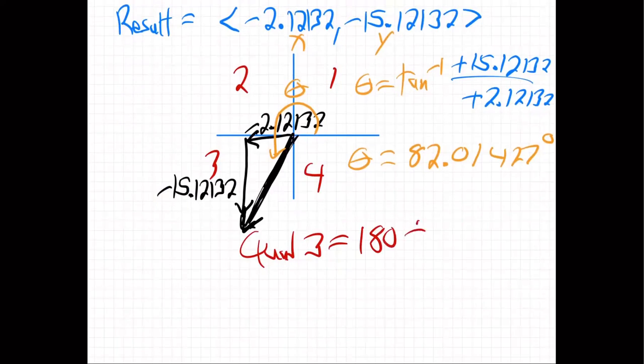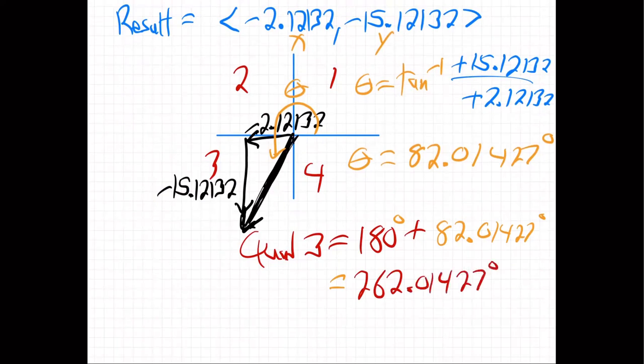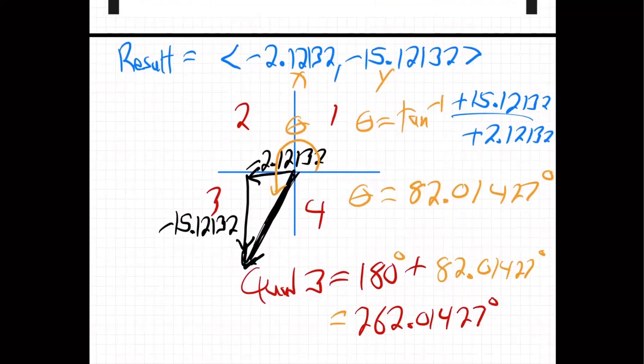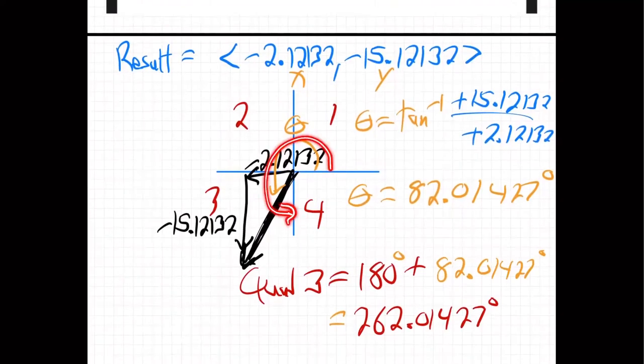It's 180 plus 82.01427 degrees, which comes out to 262.01427 degrees. So that's the actual angle. And that makes sense. It's almost 270, isn't it? Because down here this is 270, as you know. So 262 is almost to there. That looks right.